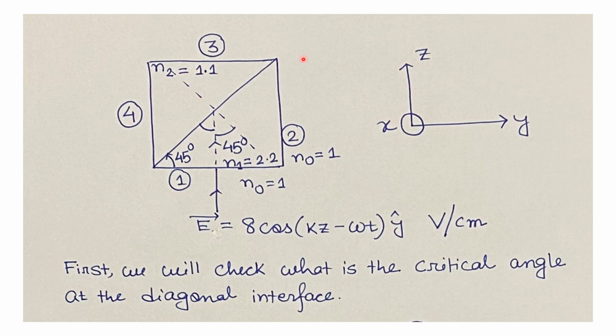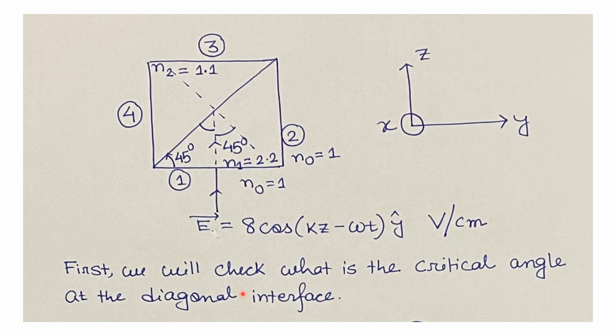The second possibility is that the angle of incidence is greater than theta c, the critical angle for total internal reflection. Then the total incident wave on this interface will be reflected back towards region 2.